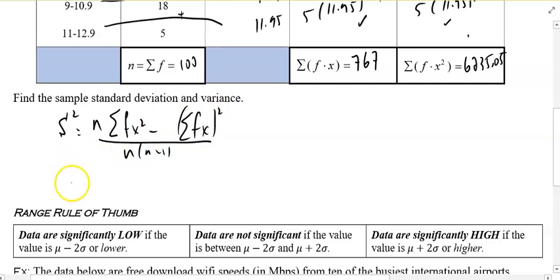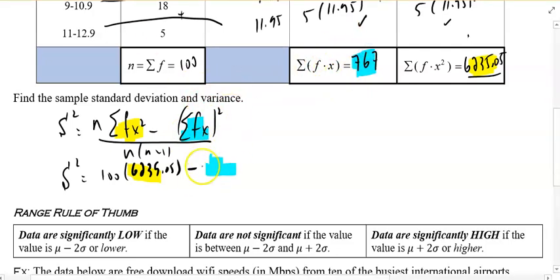All I did was copy that formula up there, and s squared will be 100 times the sum of f times x squared, 6,235.05, minus the sum of f times x, quantity squared, 767 squared, all over n, which is 100, 100 minus 1 is 99.